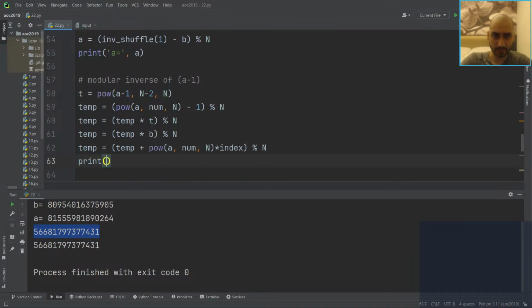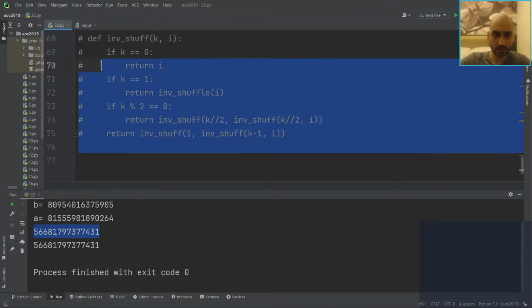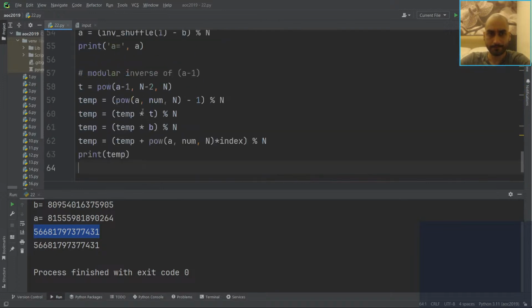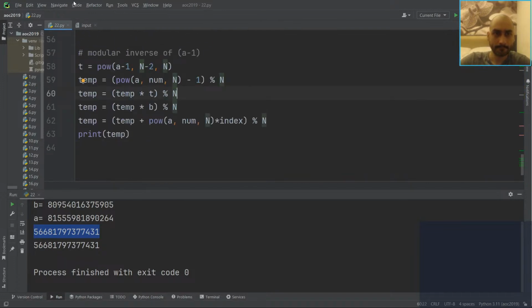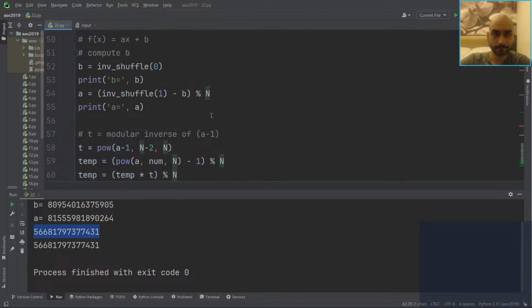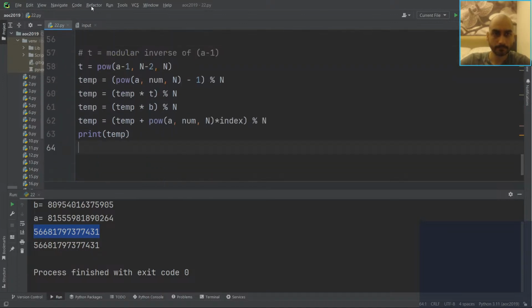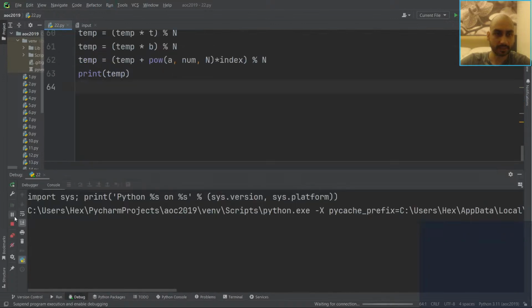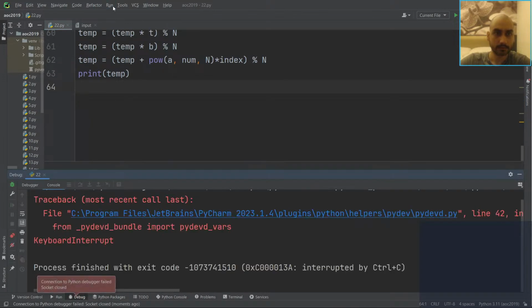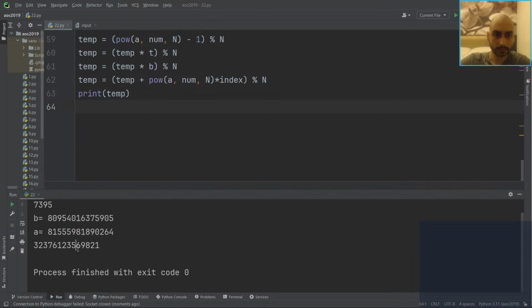Print temp? So POW should just do this efficiently. Debug. Is that it? The result?